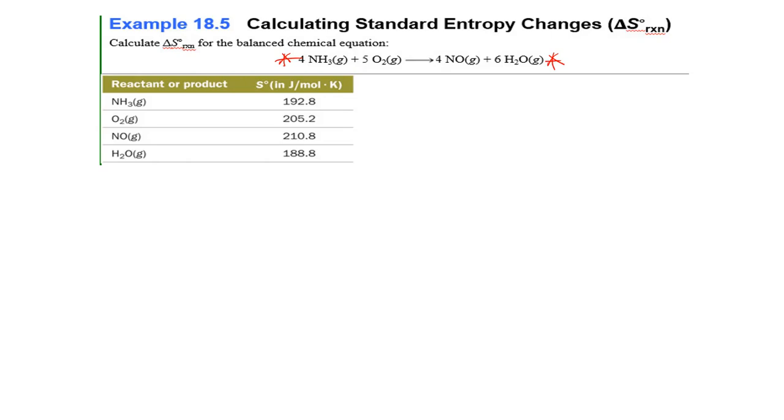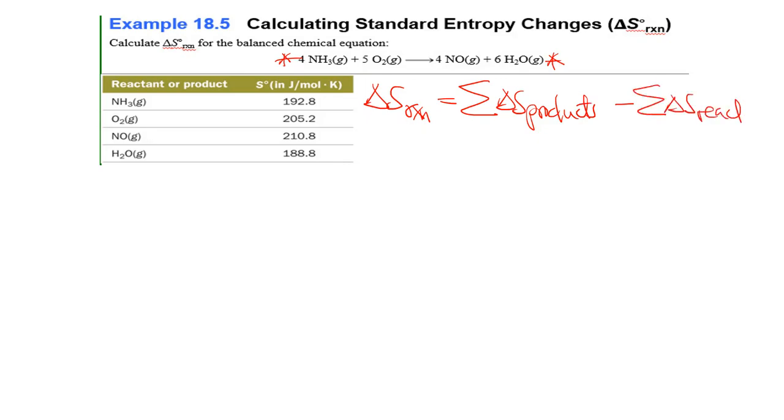As with the previous reaction, here we are not going to look at delta H. We are just focusing on delta S. To solve this reaction, as usual, you are going to say delta S reaction is given by the sum of delta S products minus the sum of delta S reactants.